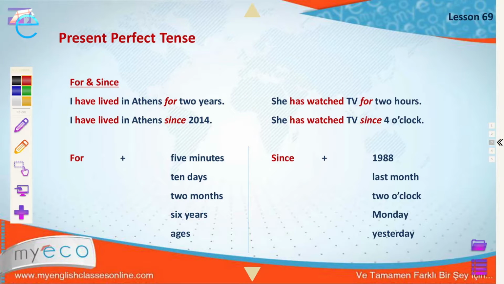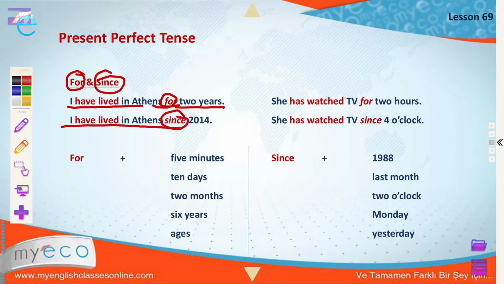We use the present perfect tense sometimes to express how long something happened. We use for and since. I have lived in Athens for 2 years, for example. Or I have lived in Athens since 2014.